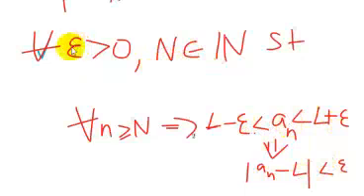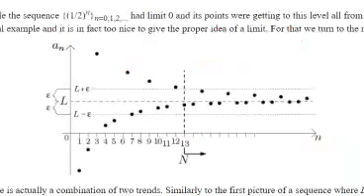The width of the ribbon can be any positive number. If you pick any positive number, you can find an index such that all terms after that index are within this ribbon. That's the definition of the limit.